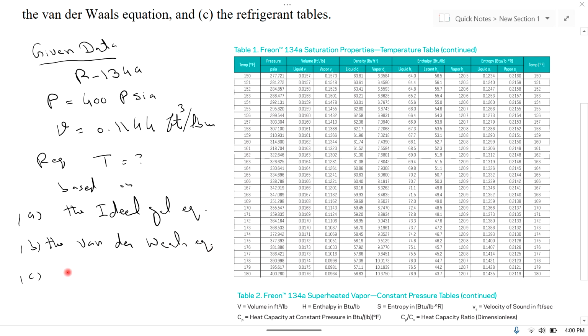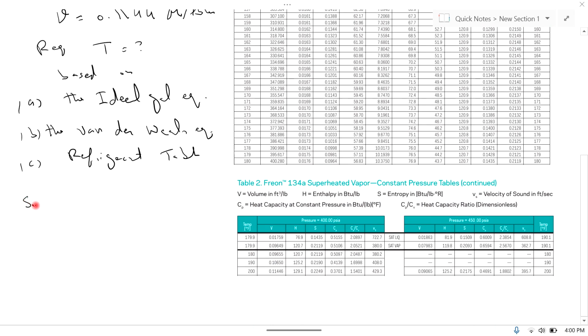So first we find it by the ideal gas equation solution.